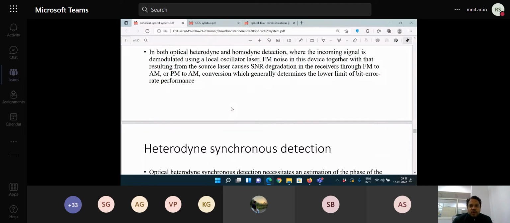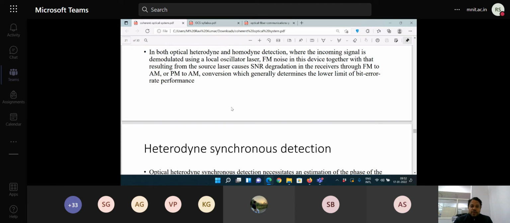In both heterodyne and homodyne detection, both use a local oscillator, and frequency modulated noise which results from the source laser causes signal to noise ratio degradation in the receivers.